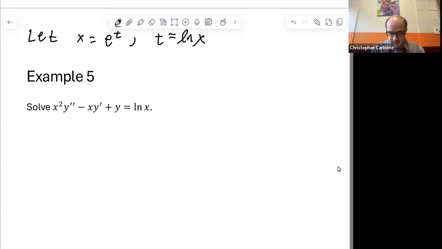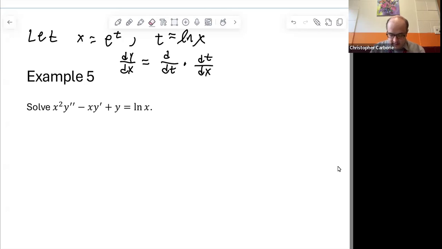So I'll do the first one here, dy over dx. Since we're moving x into a function involving t, we need to use the chain rule here, dy over dt times dt over dx.